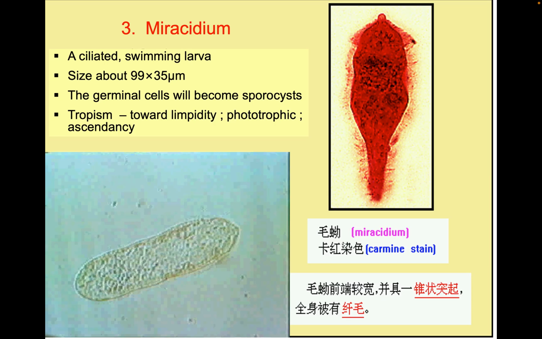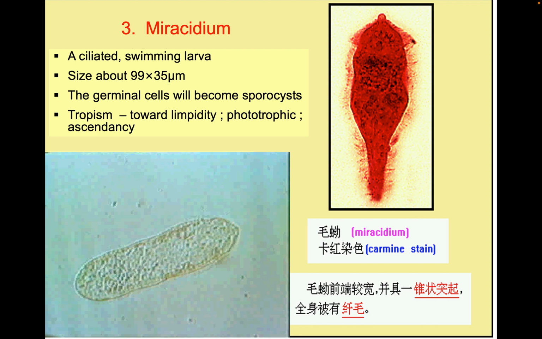Sorry. Next, we are talking about the miracidium. The miracidium is the larval form. It's in the egg, then the egg is embryonated, and later on the matured larva will get out of the egg.